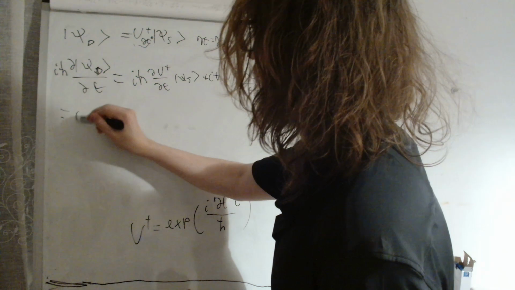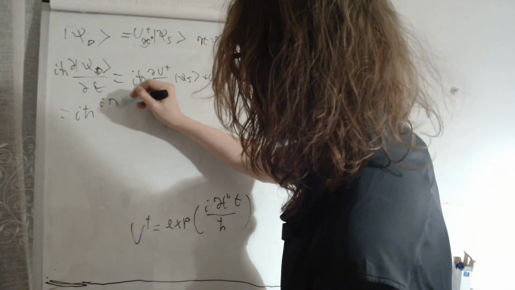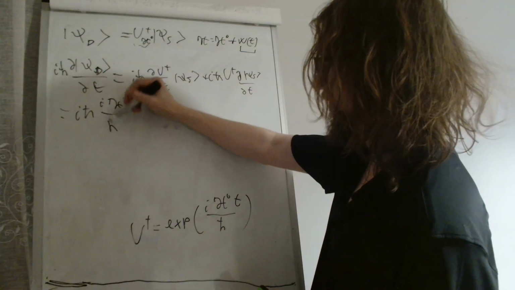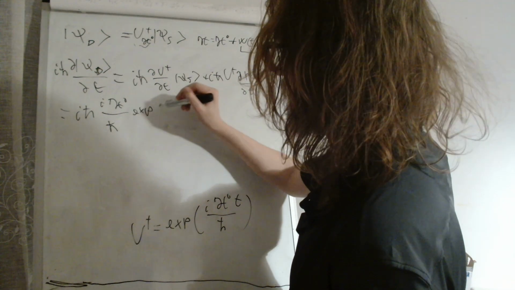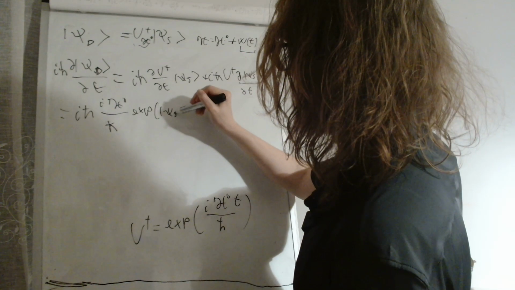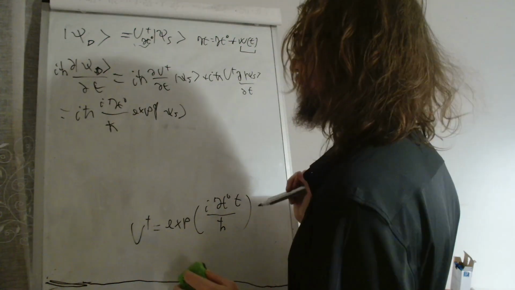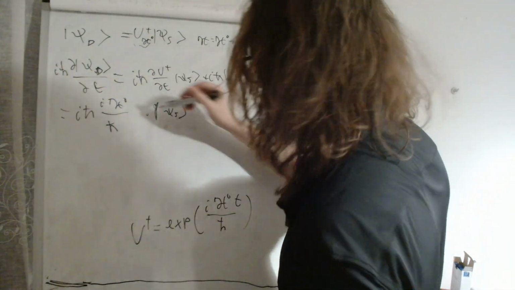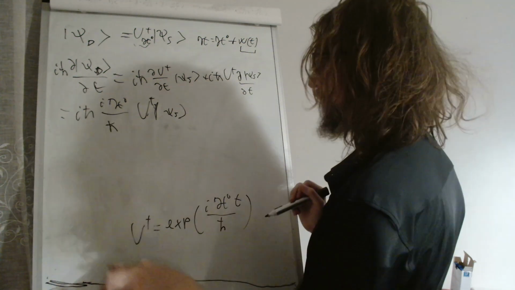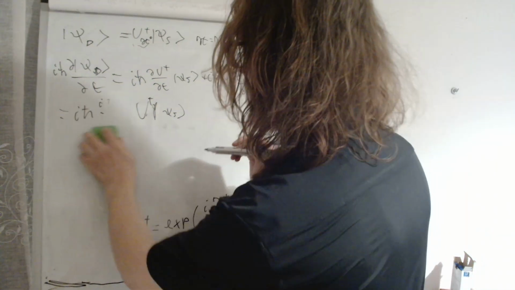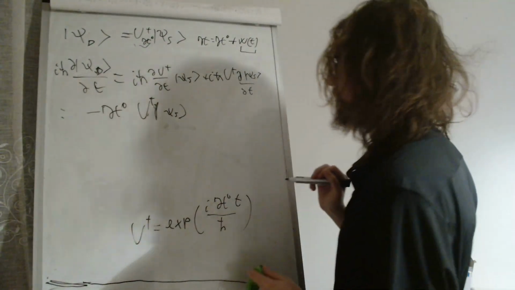We get iħ, derivative of the exponential is iH0 divided by ħ times the exponential times psi_S, and equal the exponential U dagger, and i times i is -1, ħ cancels out, so here we have minus H0.